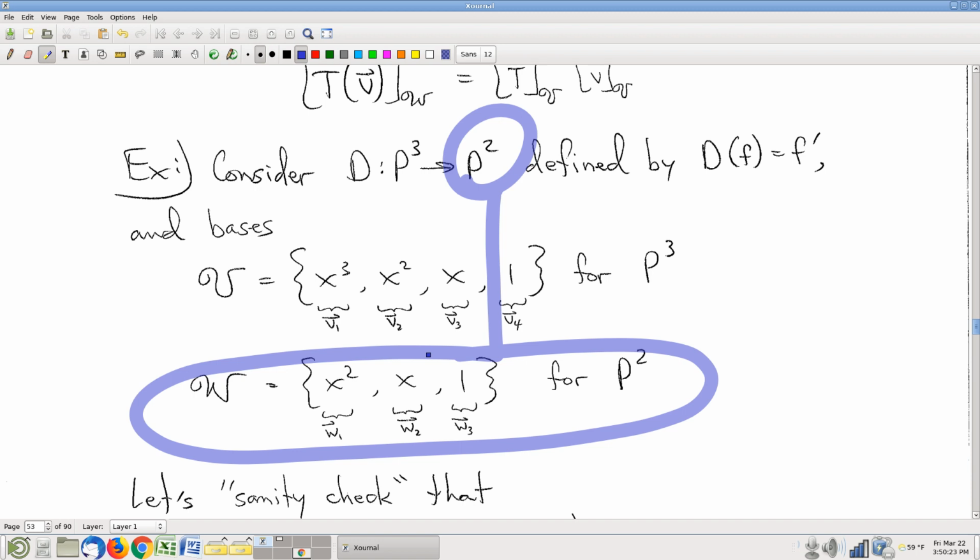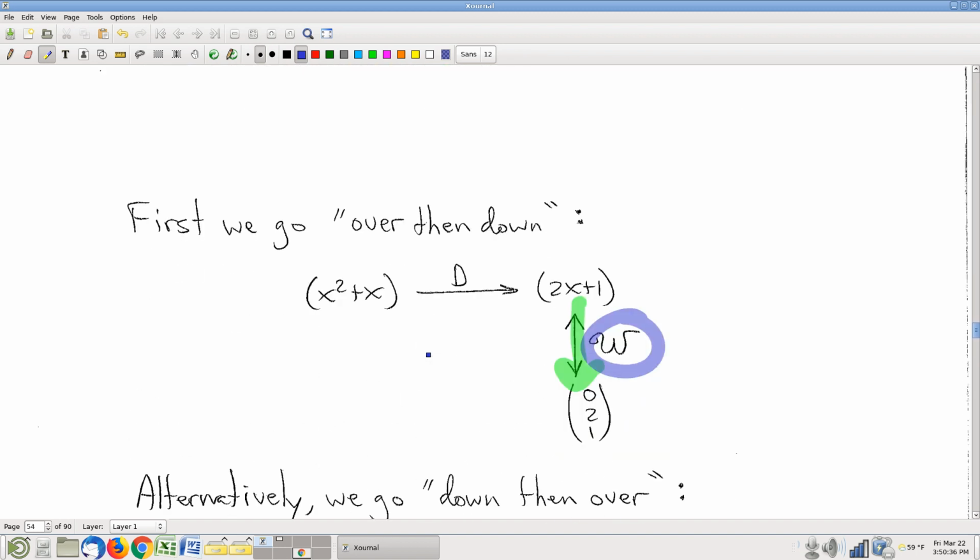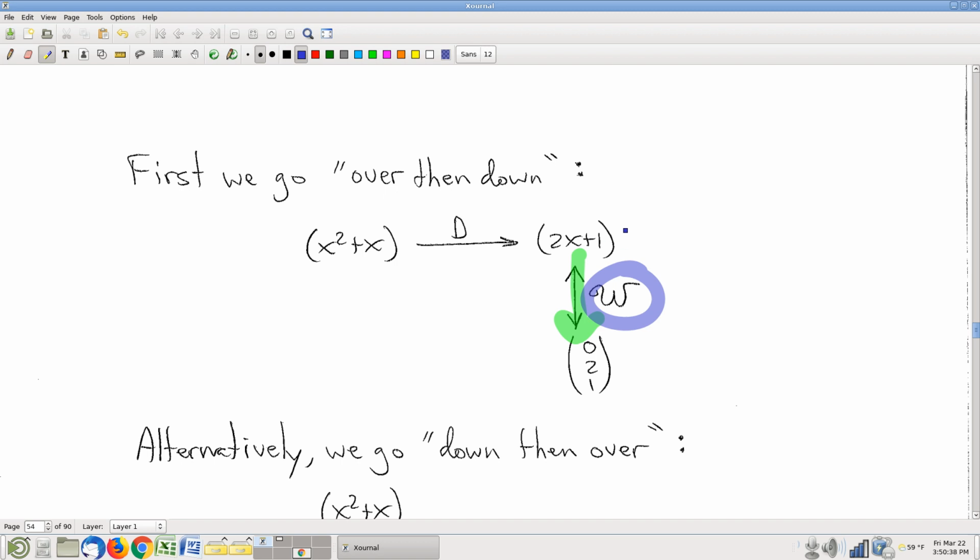Then there are 2 of these and 1 of those. So if I take the 0, 2, 1 linear combination of these vectors, I get the 2x plus 1 that I'm interested in. So the coordinates of 2x plus 1 with respect to W are 0, 2, 1. Okay, so over and down gives me 0, 2, 1. Is everybody on board so far?